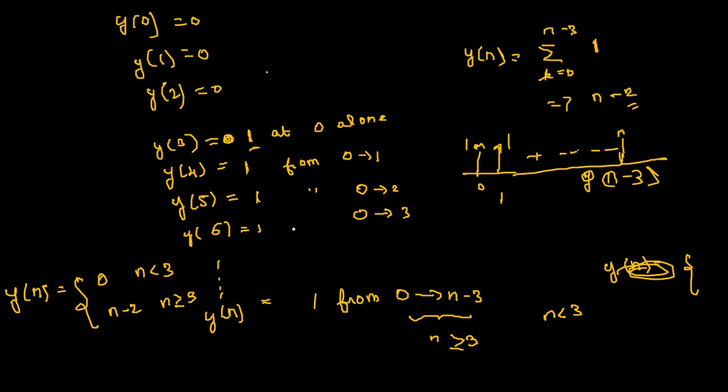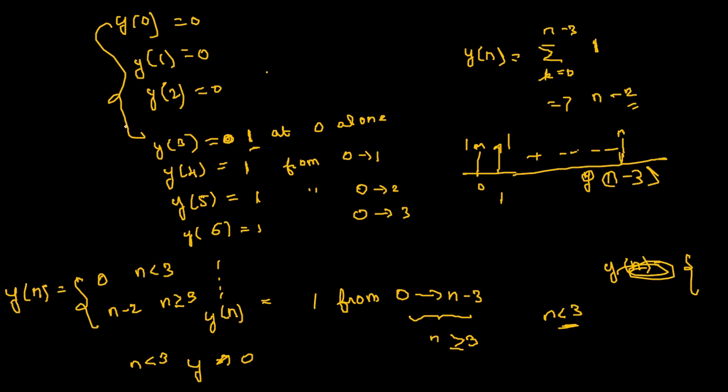So the value goes from 0 till n minus 3, whenever n is greater than 3. For n lesser than 3, the value of y is simply 0, because there is no common region in the graphs between these two.